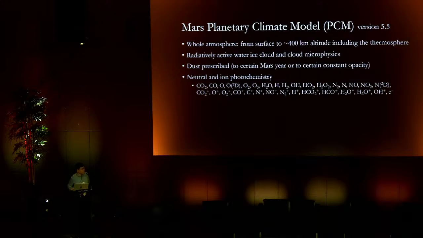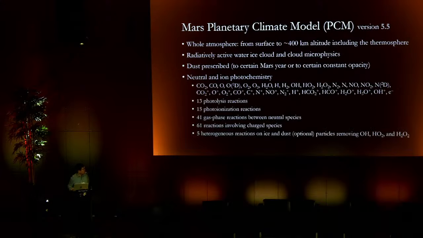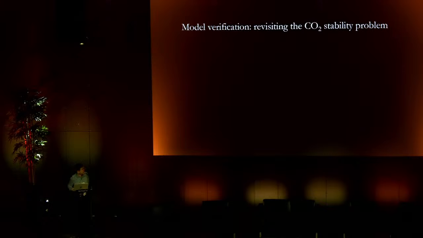We have many neutral species and charged species, and many, many reactions, including heterogeneous reactions on surfaces, for example, on water ice cloud or on dust. On dust there's a switch, which we usually turn off. These heterogeneous reactions can remove HOx from the atmosphere, and I will show their effect later.